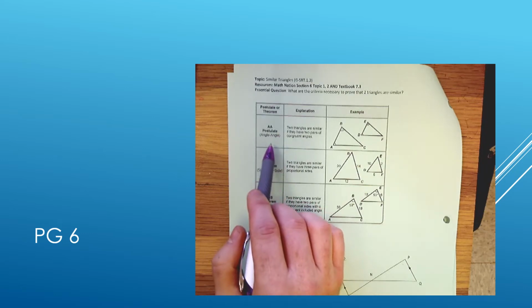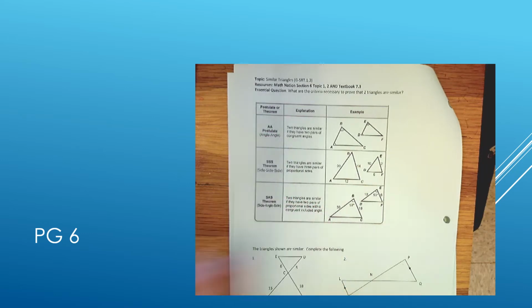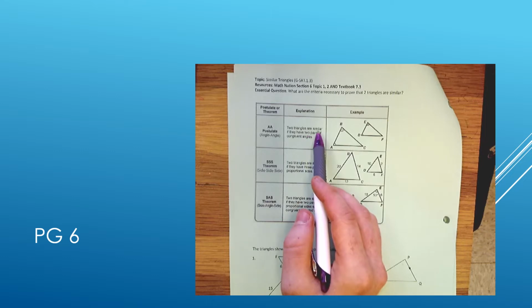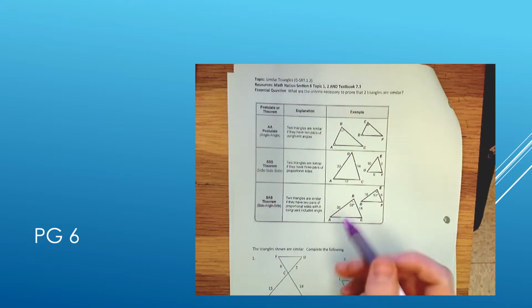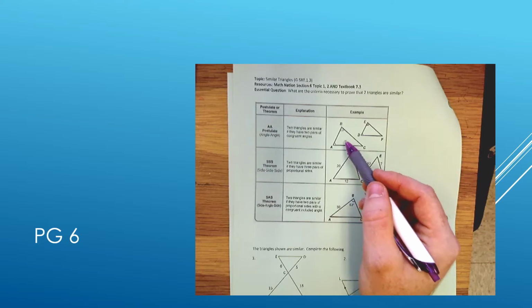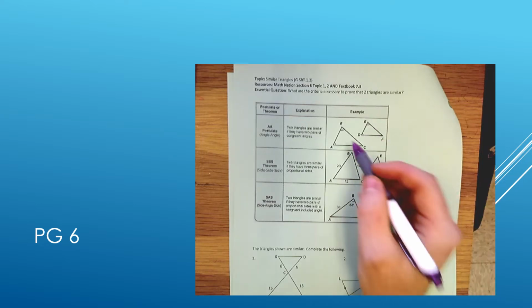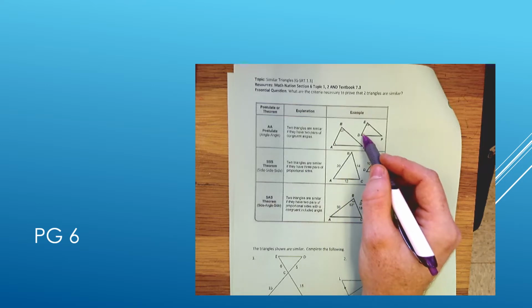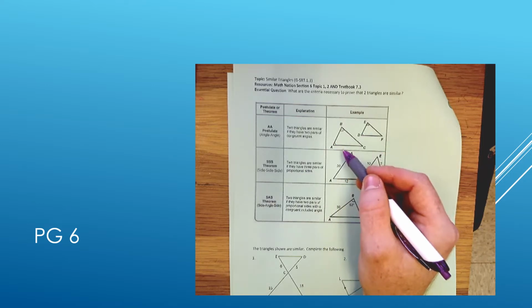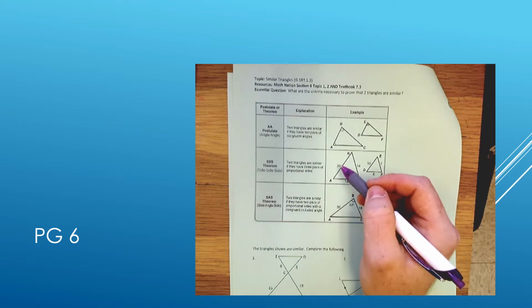AA postulate, AA stands for angle, angle. Two triangles are similar if they have two pairs of congruent angles. So you want to look at one triangle compared to the other triangle. A has one arc through it, so does D, so those are congruent. So we have at least one angle that's congruent.